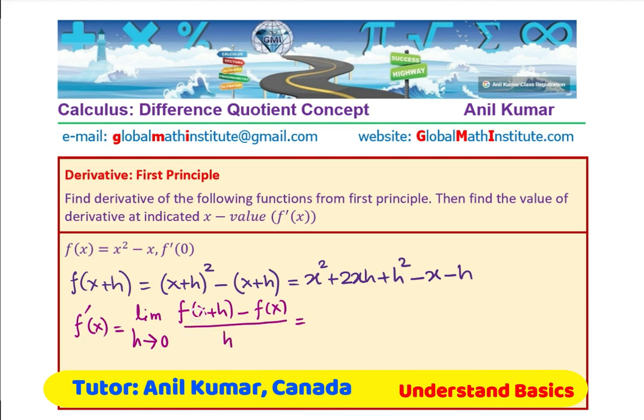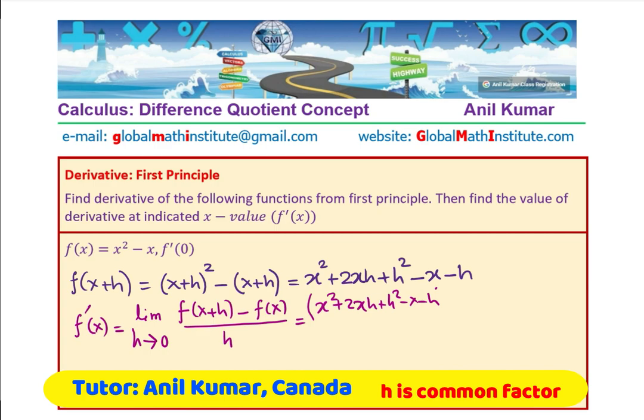So we have found what is f of x plus h, which is all this. Normally, I'll just straight away write this in the formula and do it for the next examples. But here, let's try to understand it in more details. So f of x plus h is all this, which I'm going to write down here now, which is x squared plus 2xh plus h squared minus x minus h. So this is the first part.